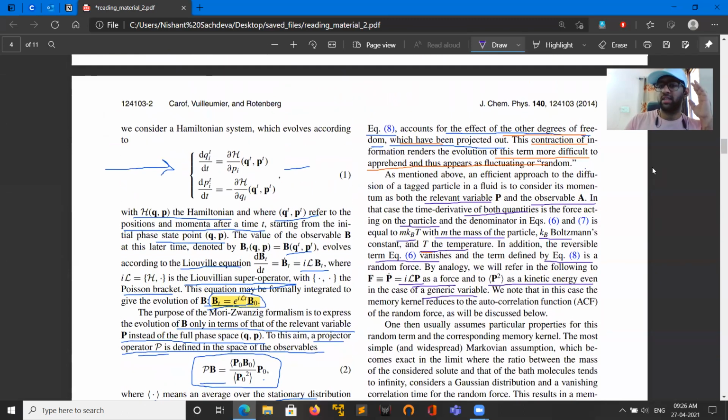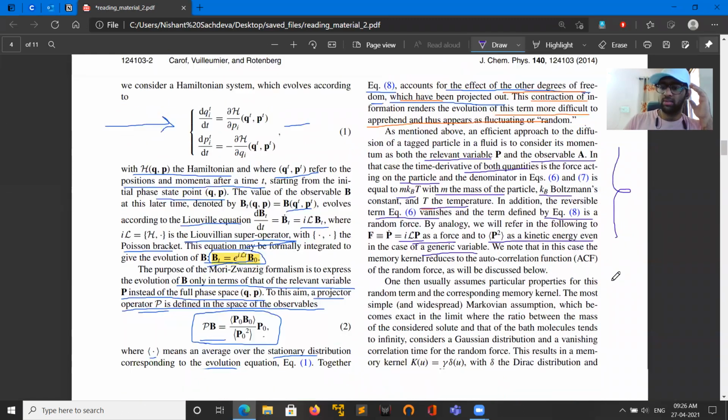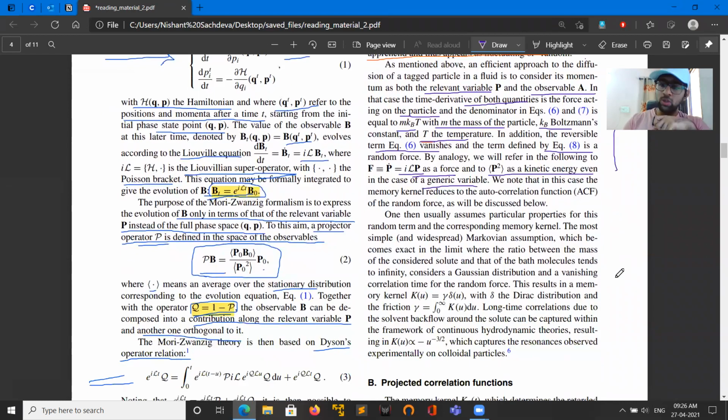We note that in our case, the memory kernel reduces to the autocorrelation function of the random force. How that happens, we will see ahead.